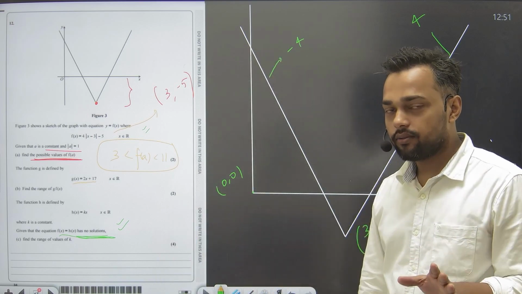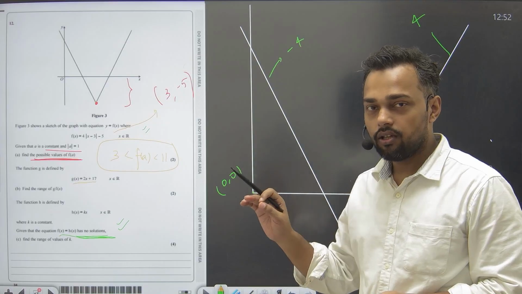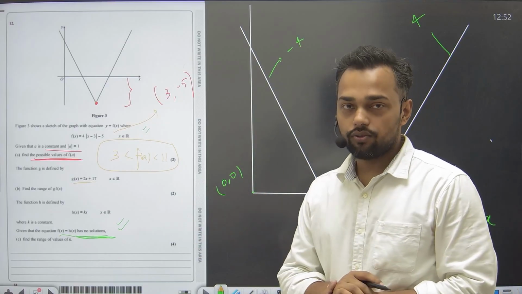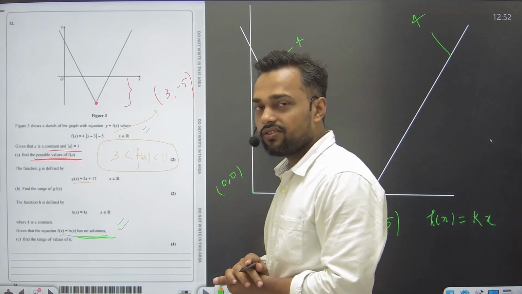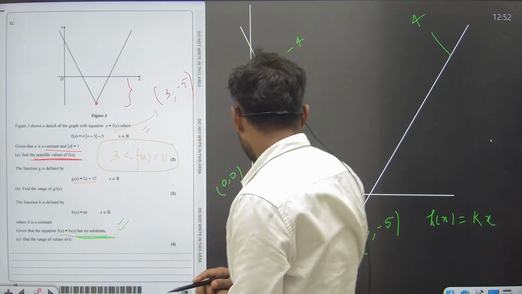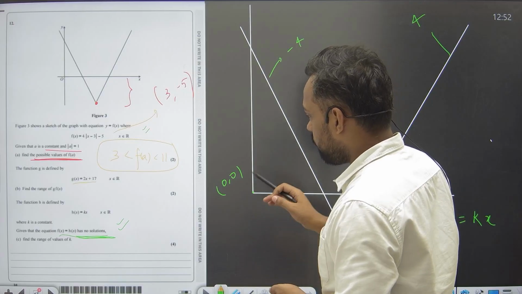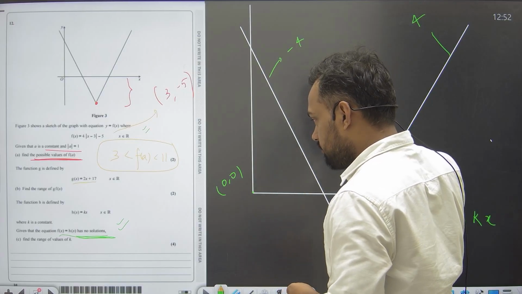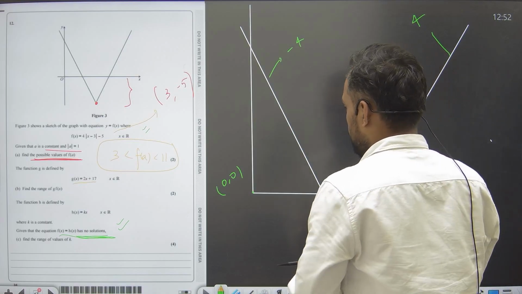Any point of intersection should not be there to get no solution. If any line is intersecting with the graph of f(x), it means there will be a solution. So we need to see that whatever the kx line is, it must not intersect with the f(x) part.